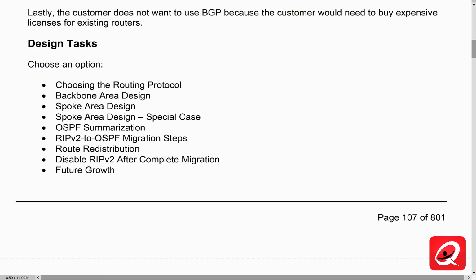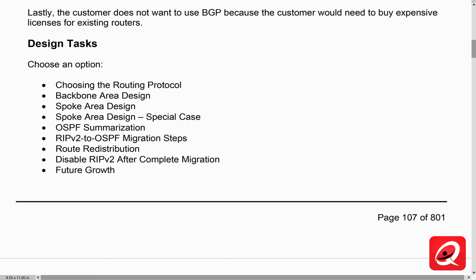So in this particular design task, we need to take a look at, well, how do we choose the appropriate routing protocol? How do we design the backbone area, the spoke areas? We have that one special use case where we have EIGRP being redistributed, OSPF summarization points. What are the RIP version 2 to OSPF migration steps?